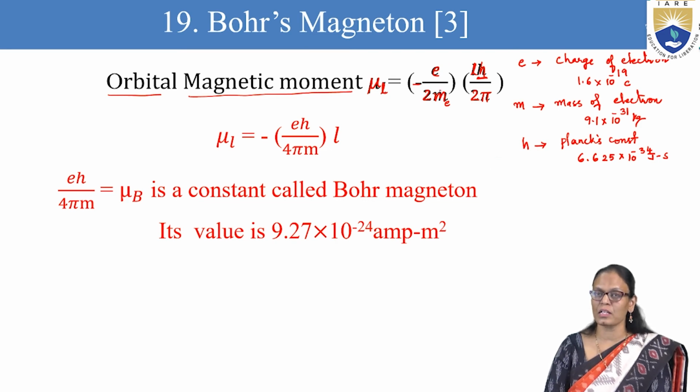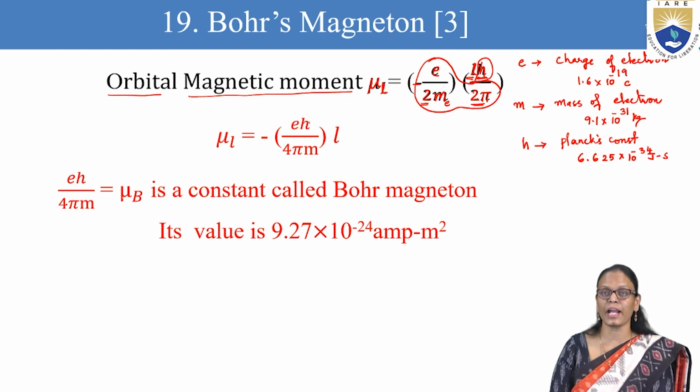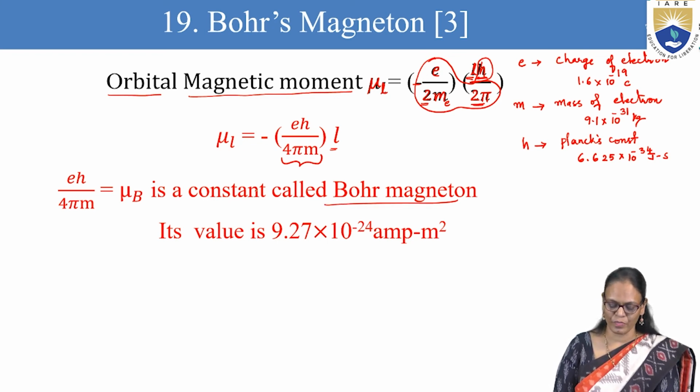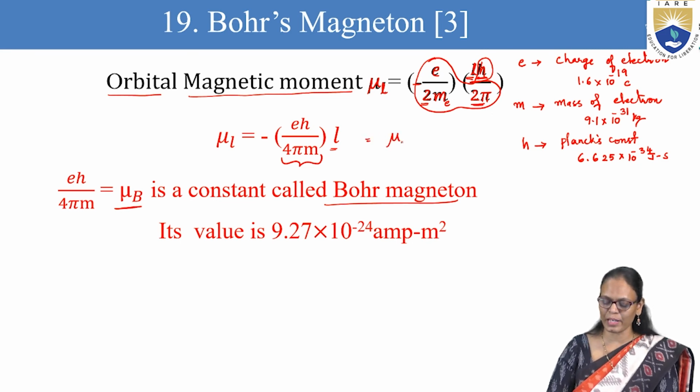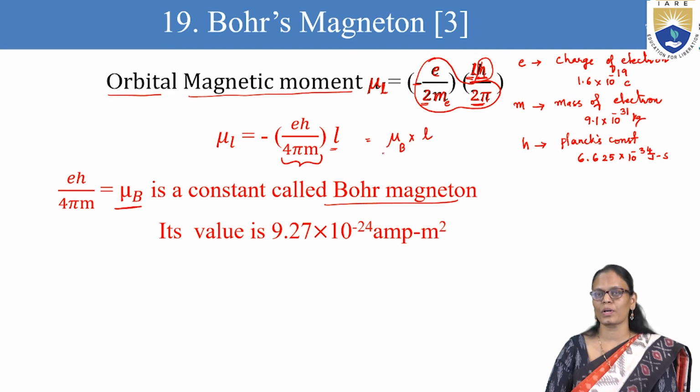Now, if you see, 2 is a number, 2 pi is a number. So e by 2m, 2 pi and h, all these are constants. The only thing varying is L. So I can write it as eh by 4 pi m into L. All these values inside the bracket are constants, so we can simplify and write it as Bohr magneton, denoted by mu B. So I can write mu L as mu B into L. What is mu B?